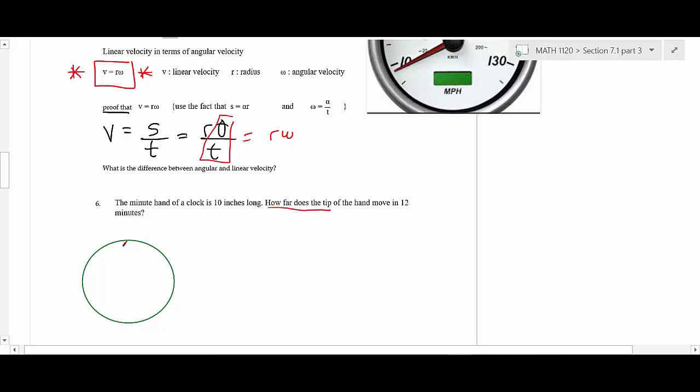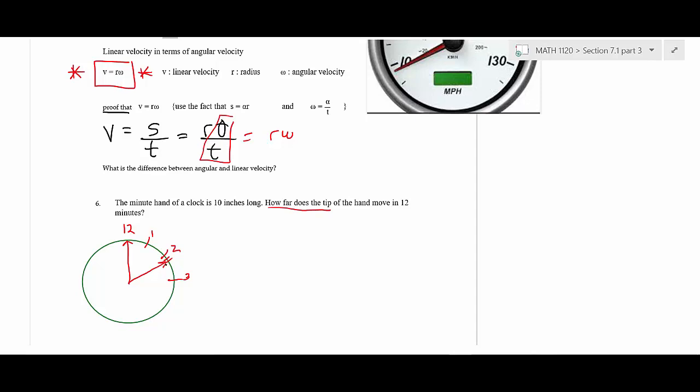So here's what would happen. Let's keep it simple and say that's 12 o'clock, that's your 12 on the clock. And then let's say that's 1, that's 2, that's 3. And then you're at 12 minutes like that. So what you're interested in is the distance from there to there.